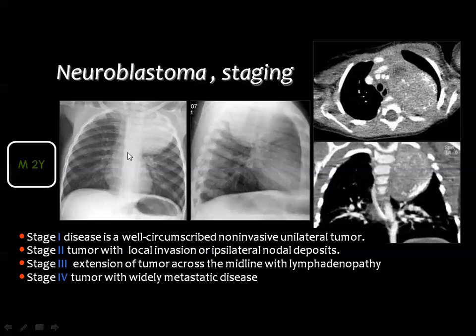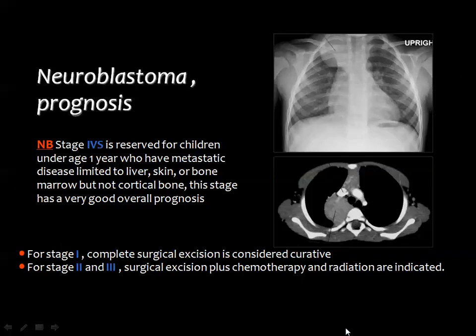And here is a big mass, and the mass is solid. It contains calcium. The patient is 2 years old, and you are dealing with neuroblastoma. It should be remembered that stage 4S is the stage reserved for children under the age of 1 year who have metastatic disease limited to the liver, skin, and bone marrow, but not the cortical bone, and this stage has a very good prognosis.